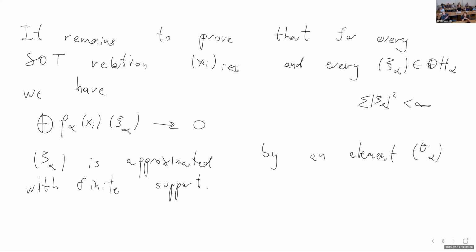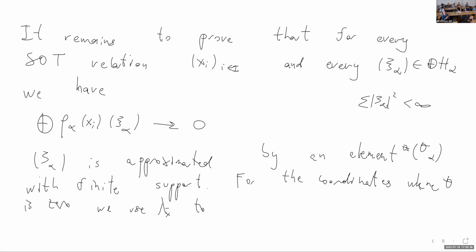For the coordinates where this is 0, we use this constant lambda x to control the norm.